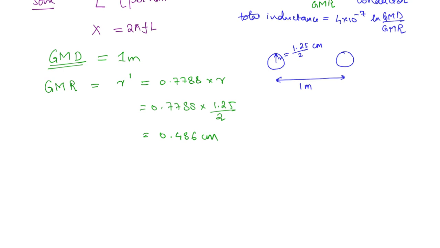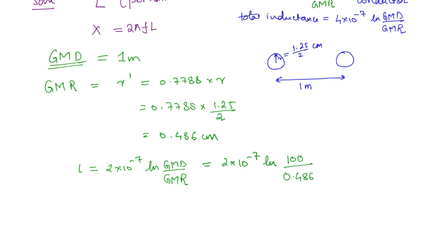So the inductance is going to be L is equal to 2 into 10 to the power minus 7 ln GMD by GMR. So this is going to be 2 into 10 to the power minus 7 ln, here it is 1 meter, but we are converting into centimeters. So this is going to be 100 centimeters divided by 0.486 centimeters.